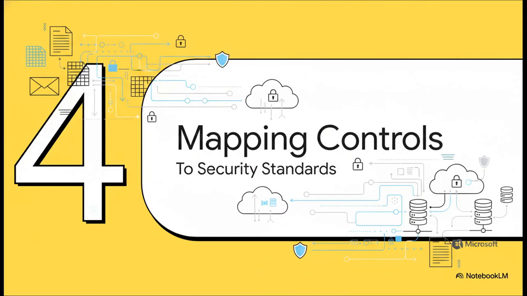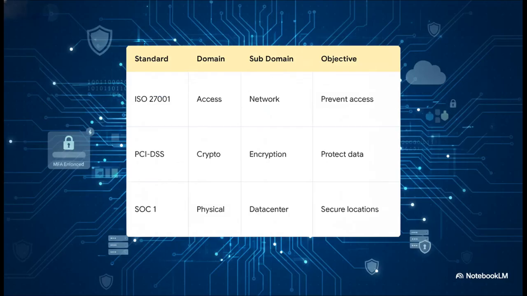Let's look at Part 4. Mapping these controls to actual security standards. This is where the magic happens. This is exactly how we map those massive, intimidating regulatory expectations down to granular, technical controls you can actually configure. By organizing overlapping audit requirements into unified domains, we systematically lock down the infrastructure without duplicating our work.